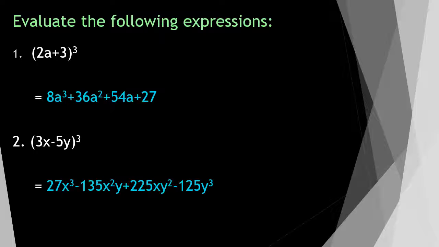That is why we have 27x cubed minus thrice the product of the square of the first term, which is 3x, and the last term, which is 5y. 3x squared multiplied to 5 and multiplied to 3, we get an answer 135x squared y plus thrice the product, or 3 times 3x times 5y squared.